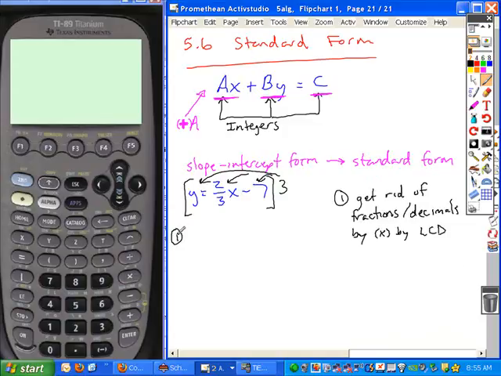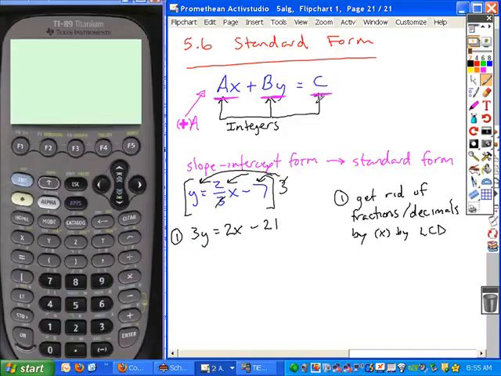Take each individual term: y times 3 is equal to, what happens when 2/3 is multiplied by 3? The 3's cancel, leaving just 2x. Now remember, it's 6/3. You can either think of 6/3 as being 2 or think of the 3's canceling. And then minus 7 times 3, 21. You need to multiply every single term.